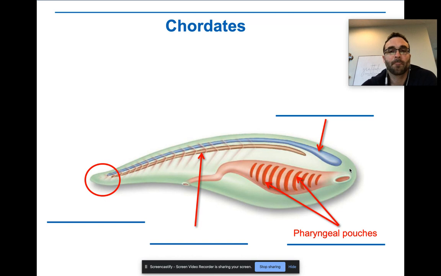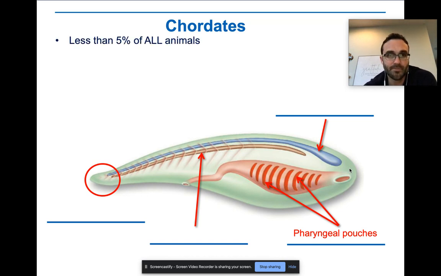All right, so if you were to divide animals into vertebrates and invertebrates, chordates are part of vertebrates. Not every vertebrate is a chordate, but almost all of them are.